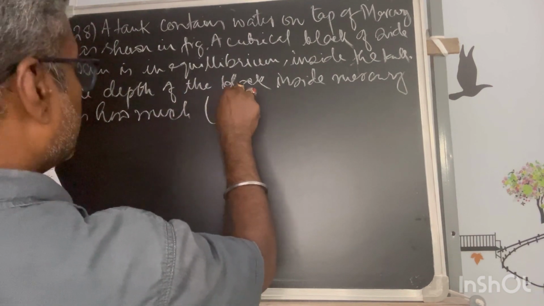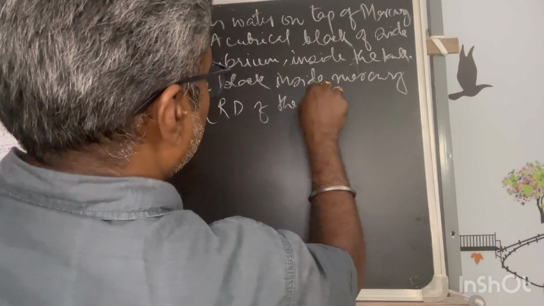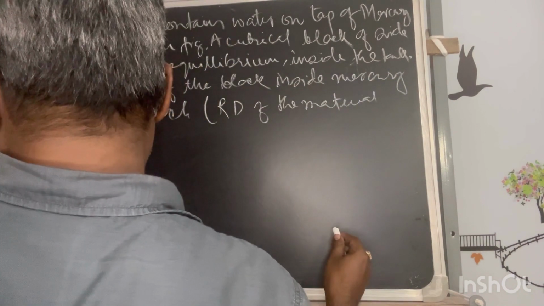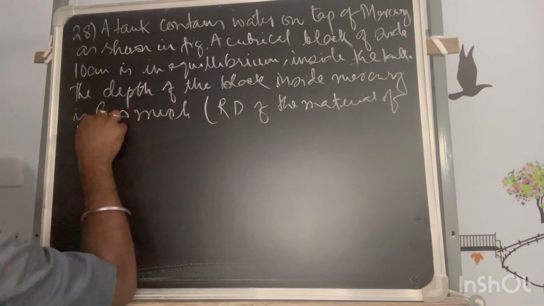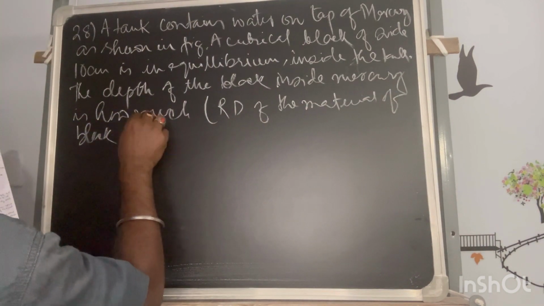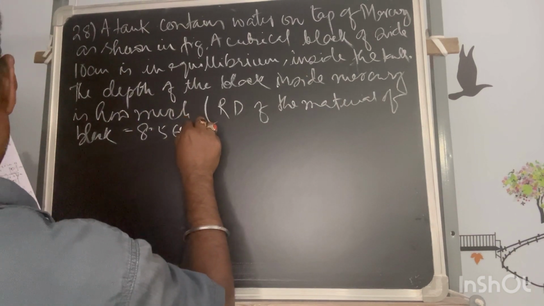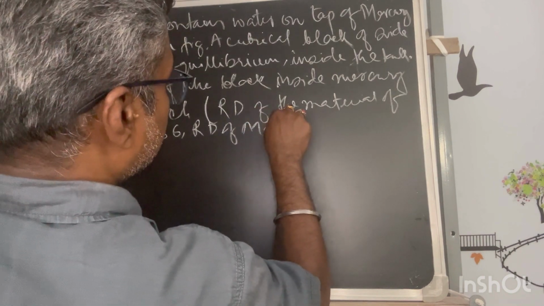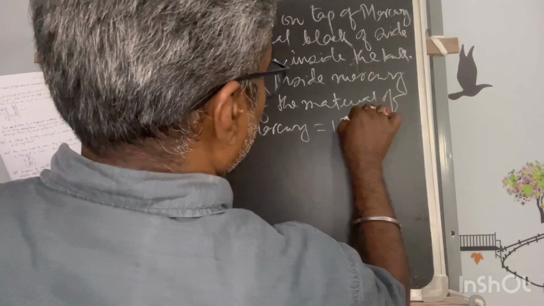Given the relative density of the material of block is equal to 8.56 and the relative density of mercury is 13.6.